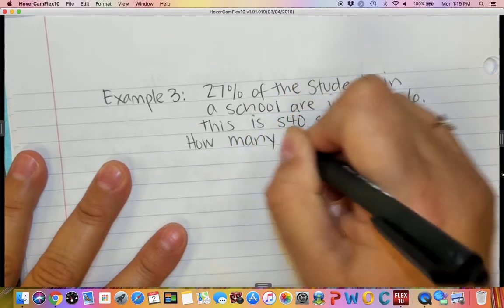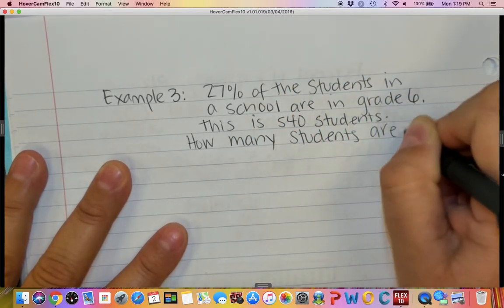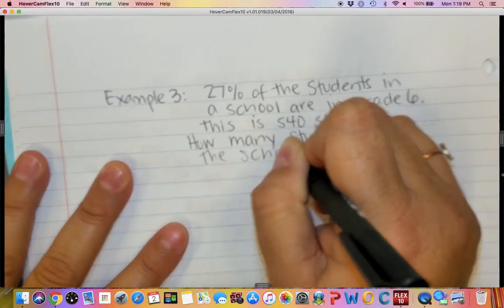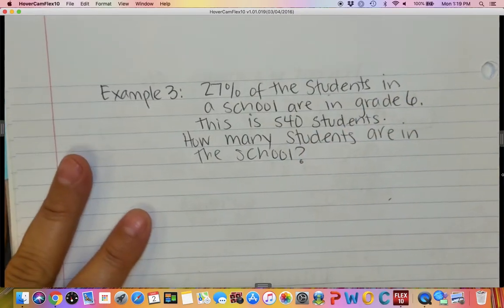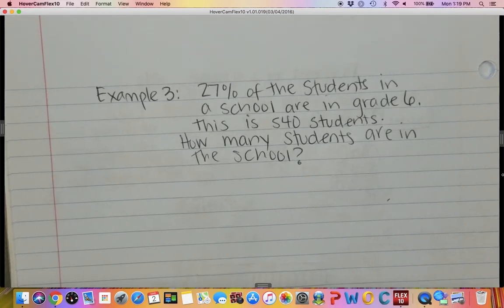How many students are in the school? So again, I'm going to look for 1%, and then 1% is going to take me to 100%.